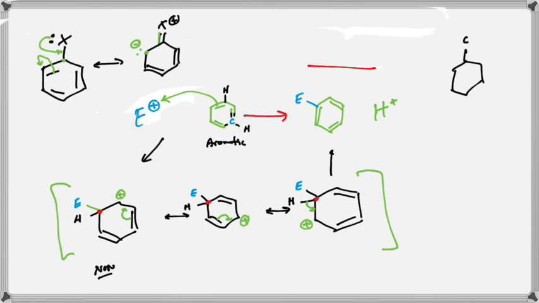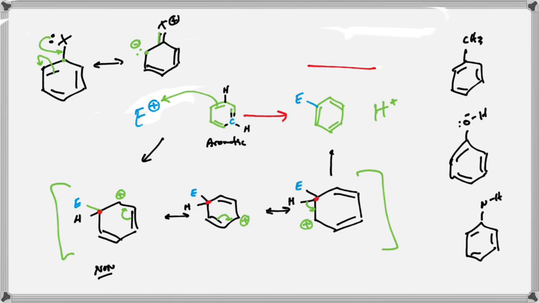I could have atom X be CH3. I could have atom X be an OH. I could have atom X be a nitrogen. Would I expect different effects? Yeah. And those different effects are going to be based off of charge, size, electronegativity, resonance, and induction.